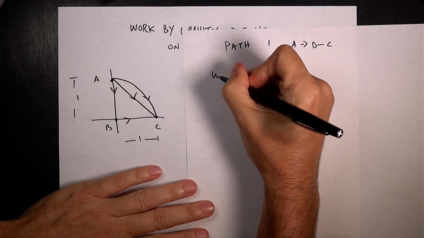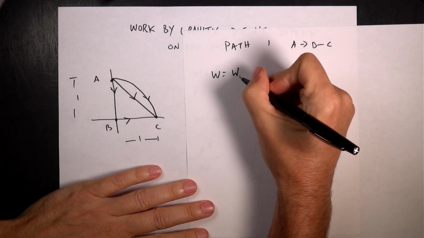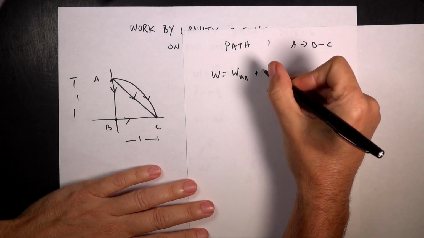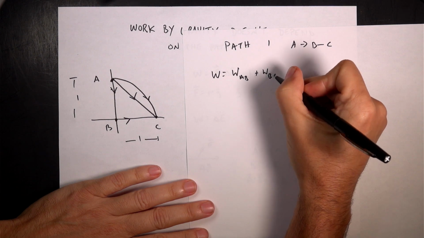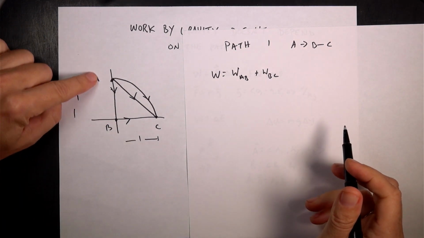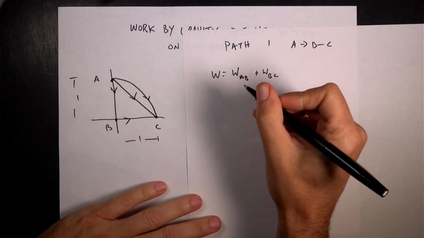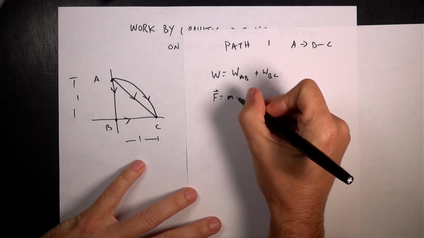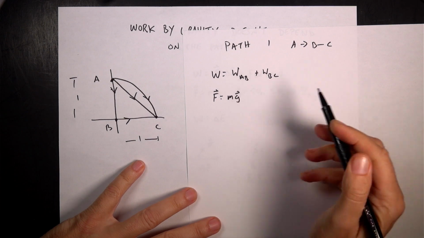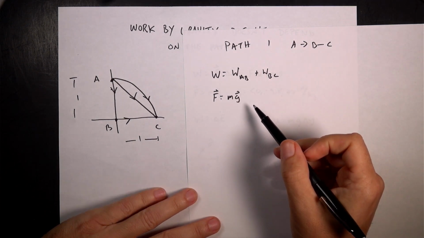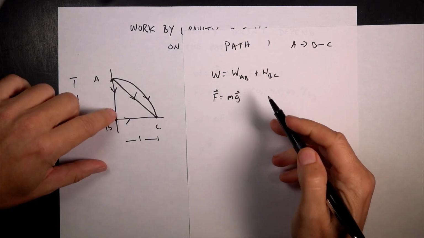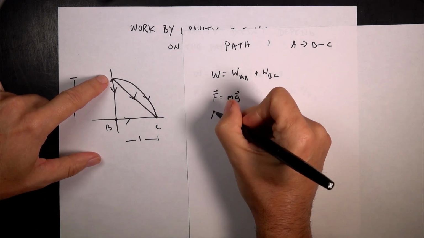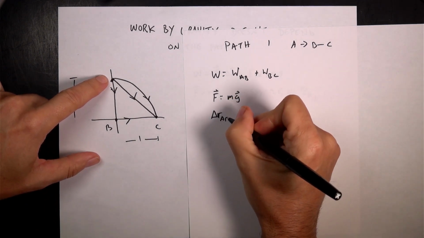So work equals work A to B plus work B to C. So I have 2 paths. So I need 2 works. So for the force, I'm just going to have mg, where g is the vector 0, negative 9.80 newtons per kilogram. So now I need delta R A to B.